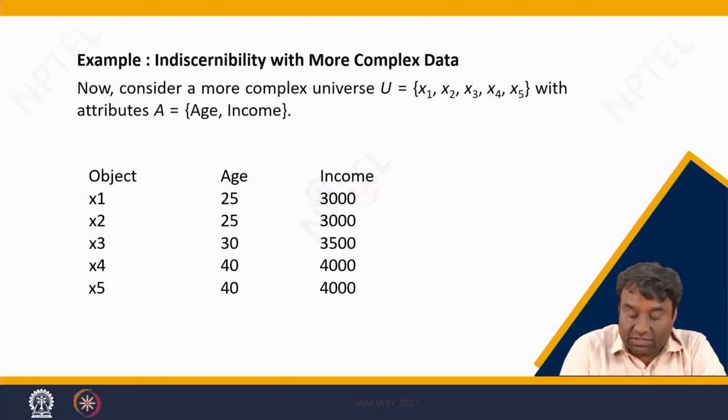So try to understand with some large table. Here we are using 5 objects: x1, x2, x3, x4, x5. Age is 25 for x1, 25 for x2, 30 for x3, 40 for x4, and 40 for x5.